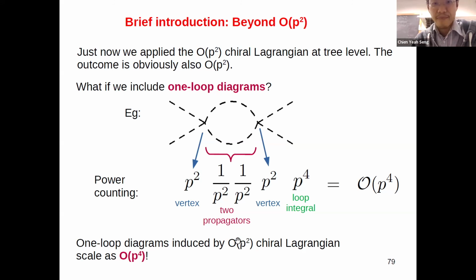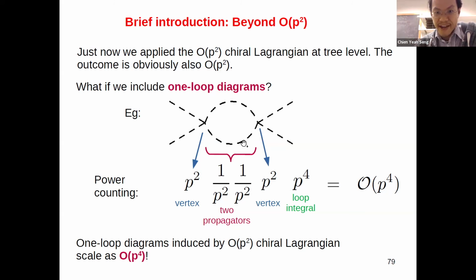So we can count the power of the one loop by doing this. You know that all these vertices come from the O(P^2) Lagrangian, so they all scale as P^2, and each of the propagators scales as 1 over P squared.